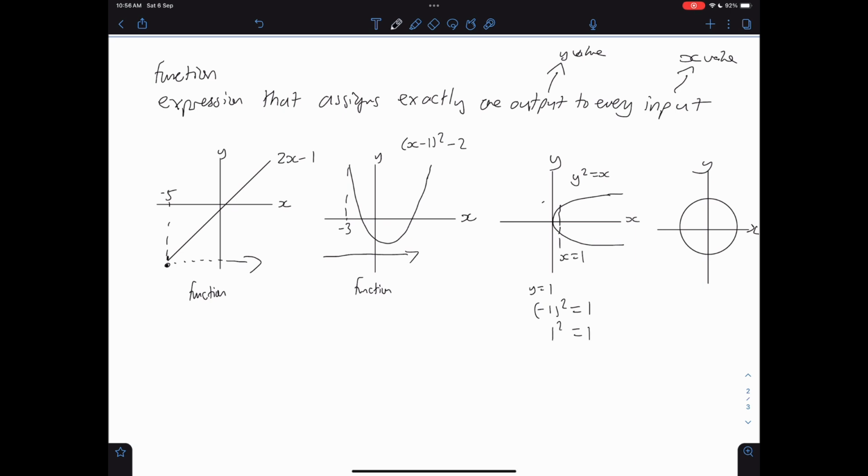Both of those y values would give you that same x value, so it is not a function.